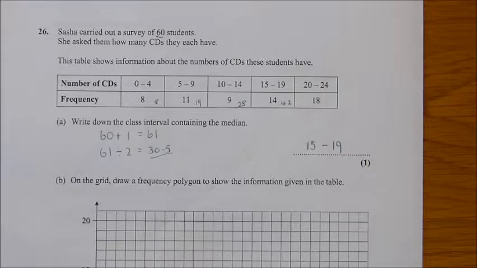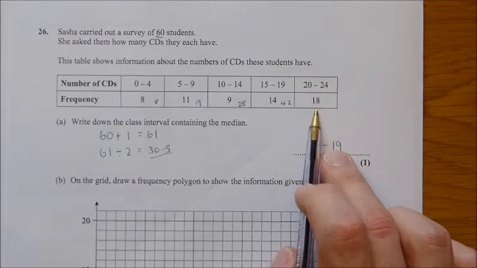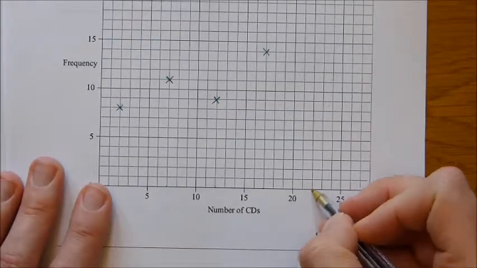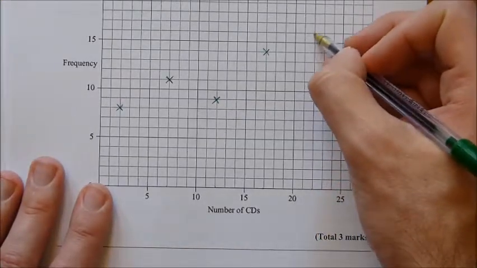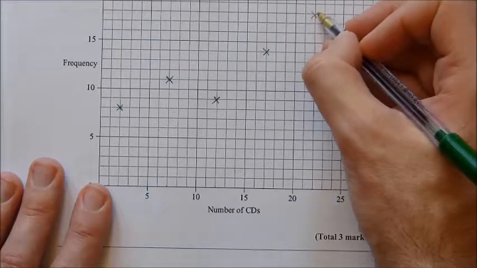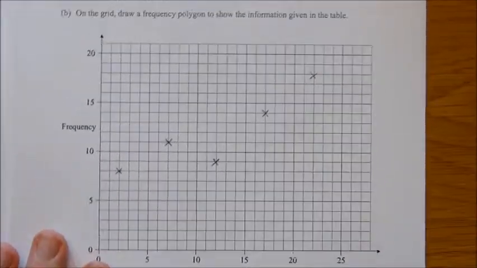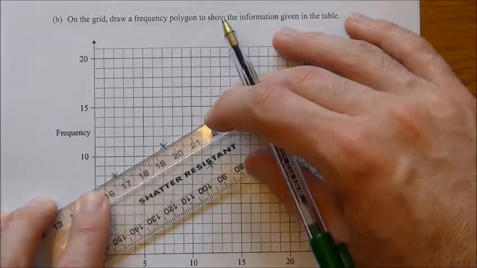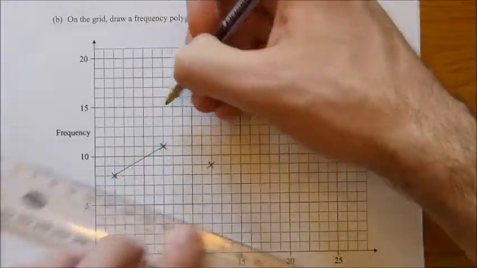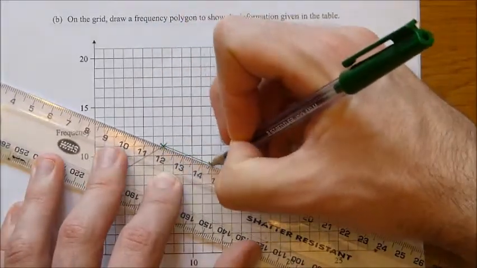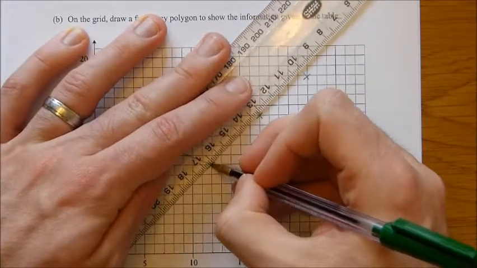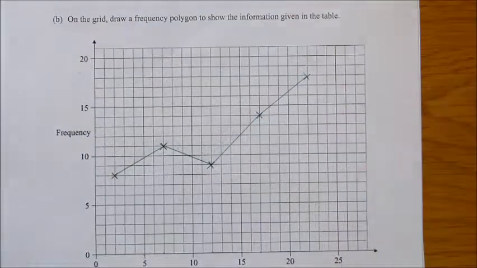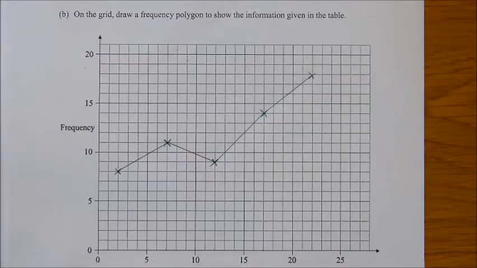And my last one, 20 to 24, the number in the middle is 22, and a frequency of 18. Oops. So along to 22, and then 15, 16, 17, 18. So we're going to finish off my frequency polygon now by joining up those points with a straight line. There you go.